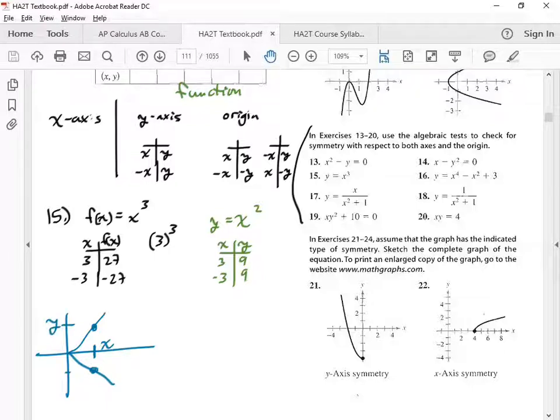They have a positive y value and a negative y value. But if y was a 3, then the other one would be a negative 3. So they're still opposites. So for the x-axis, if you plug in an x, you get a y, and you get a negative y. So this is the only one that has the x is the same.